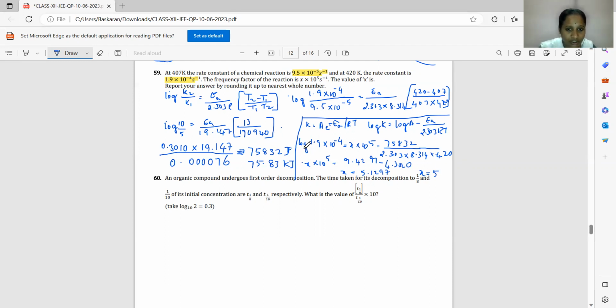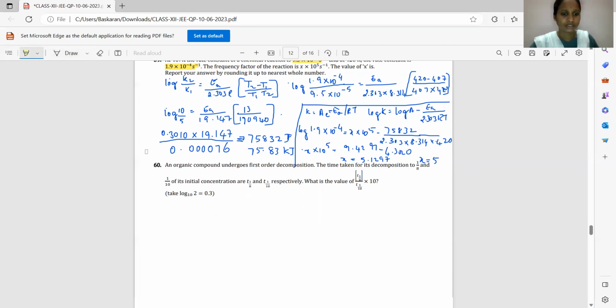Okay, so here log 1.9 into 10 power minus 4 is taken as log 2 plus minus 4 log 10, and that is the reason we are getting minus 4.3020. On simplification of this huge number, you are getting 9.4297, and now subtracting these two, we are getting x value to be this, and on rounding off, the x value is becoming 5. Okay, now the last question of this session.